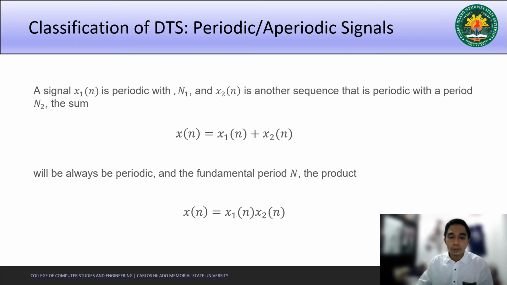This is the equation for the sum of the two periodic signals, and we have the fundamental period product equation. This is how we handle multiplication and addition for our periodic signals.